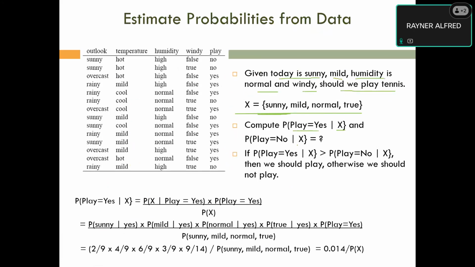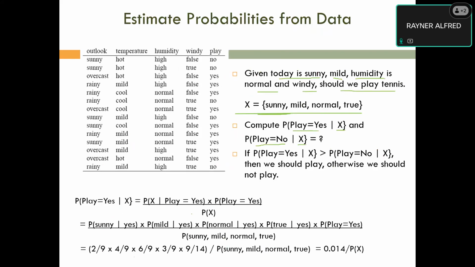And we compare with the same thing, given x, what is the probability of play no? So we need to compute. So we decide the class label to be yes or no, depending on which one gives you higher probability. Okay. So the formula that we apply just now is similar to what we have before.